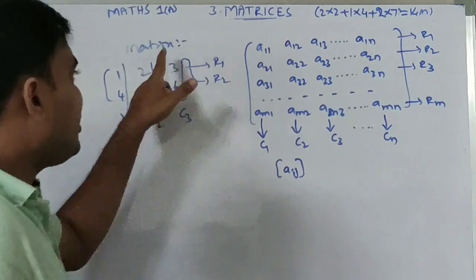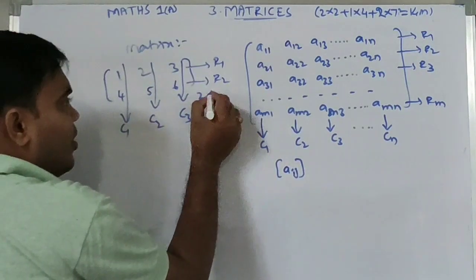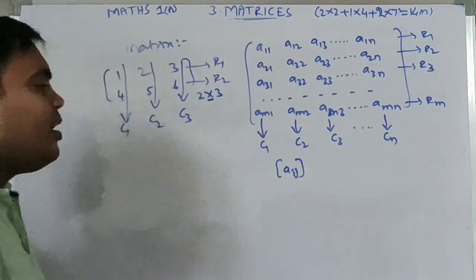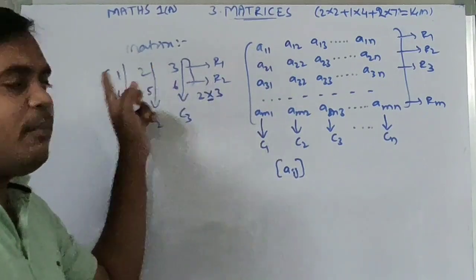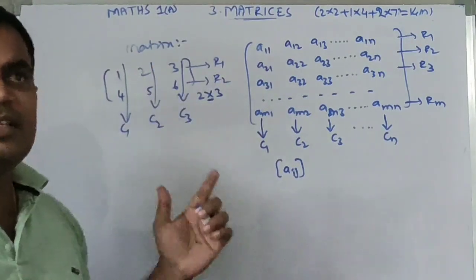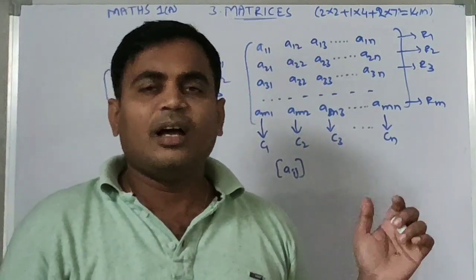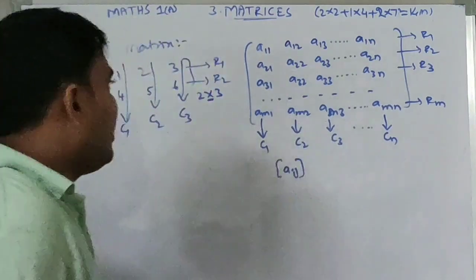First, second, third column, so 3 columns. So 2 rows, 3 columns: 2 by 3. We write 2 cross 3, though we read it as 2 by 3. 2 by 3 is the order of this matrix. So the order of a matrix is defined as the number of rows by the number of columns.